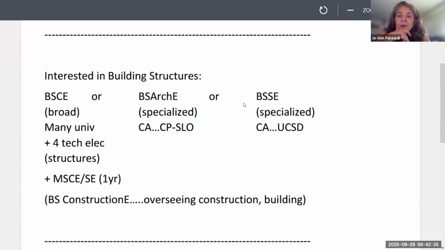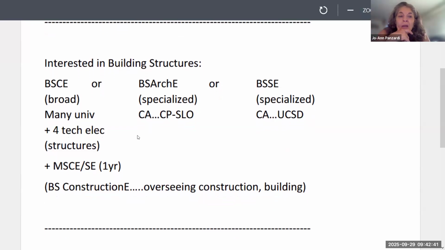Okay? Where if you get a bachelor's degree in structural engineering, your 4 technical electives might be in wood construction or concrete construction. They would specialize even more so than structural engineering. And often students get a bachelor's degree broad, but then they go on and get a master's degree.